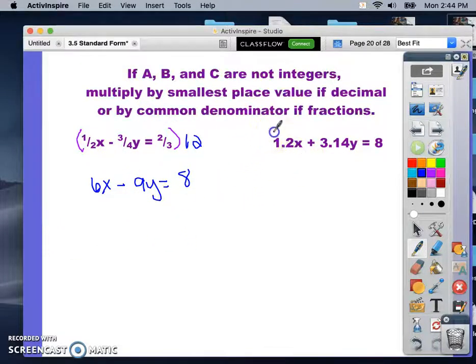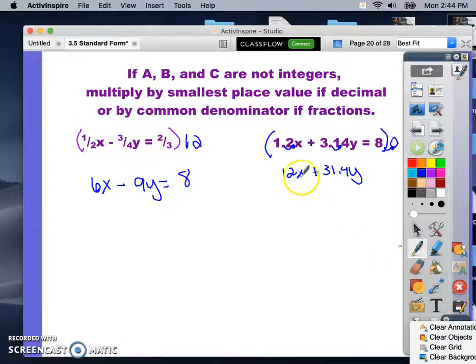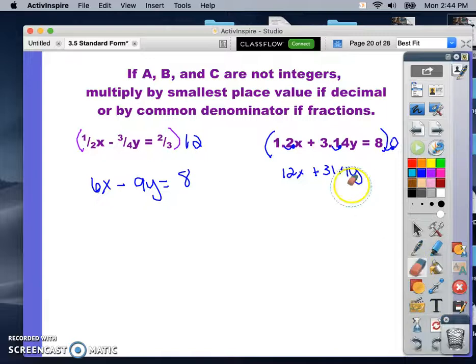This one, I actually want you to show me what you are multiplying by. Well, however many places I need to move the decimal. If I move this one place value, I would have to move all of them one place value. Well, I still have a decimal here. This turns into 12x, and this would be 31.4y. That did not get rid of all my decimals. So I'm going to have to move them 2 places.